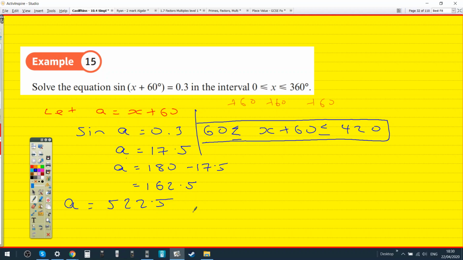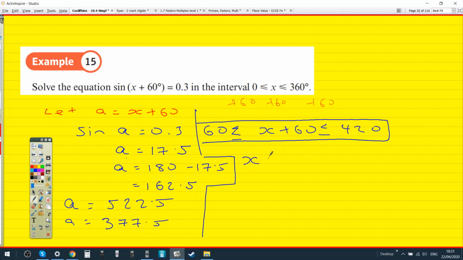17.5 plus 360 is 377.5. Yes, 377.5. What is next? Change it back to x plus 60.